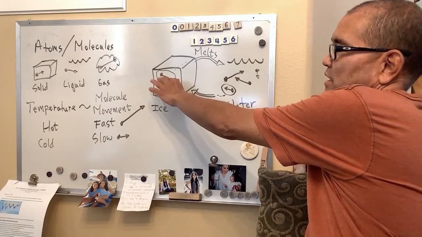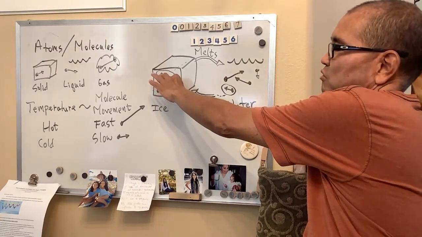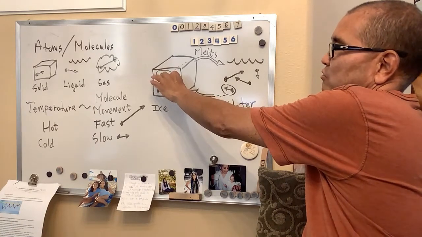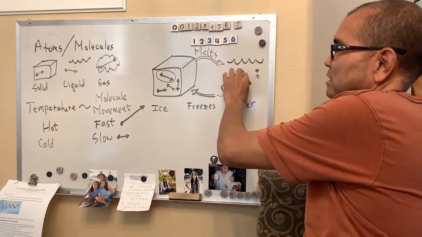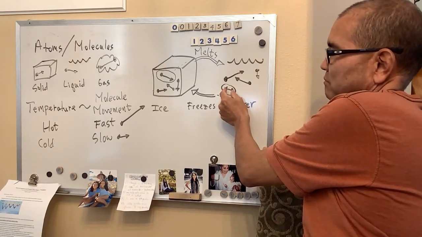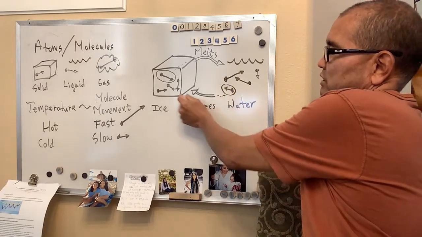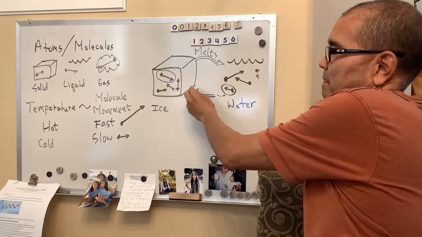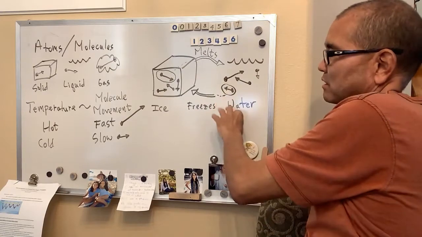So as the ice melts, the longer arrow molecules melt and become water. And then the shorter moving water molecules freeze and become ice. And this process keeps repeating until all the ice completely melts.